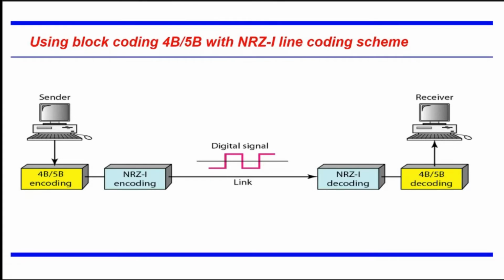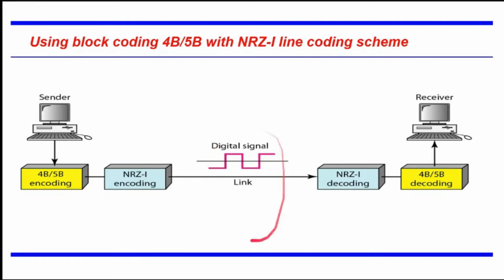The inversion method means when the next bit is 1, then only the code will be changed. Otherwise, it continues. That is the concept of NRZI. So I am going to apply the NRZI encoding method to the 4B/5B encoding. So it is a double encoding method to encode my data more effectively and securely, right? This is a way to encode the data.